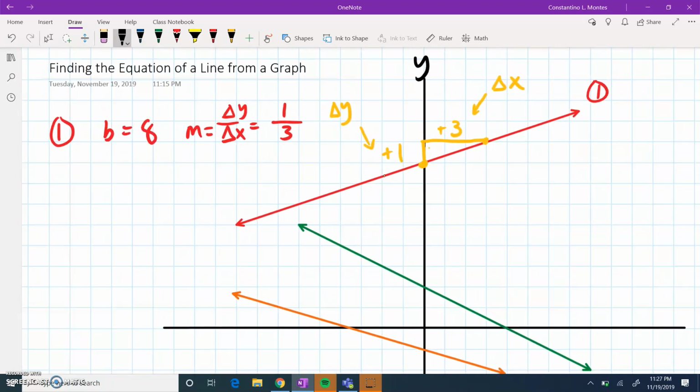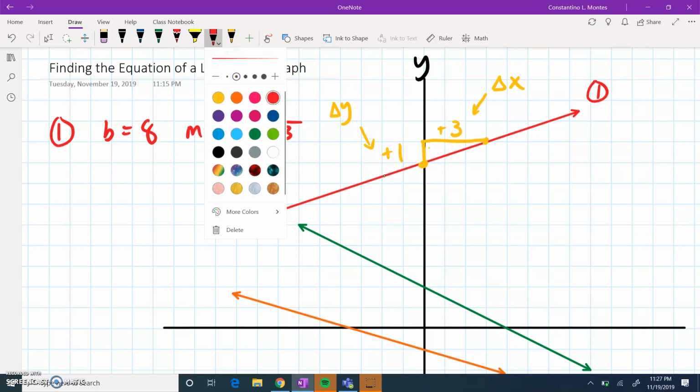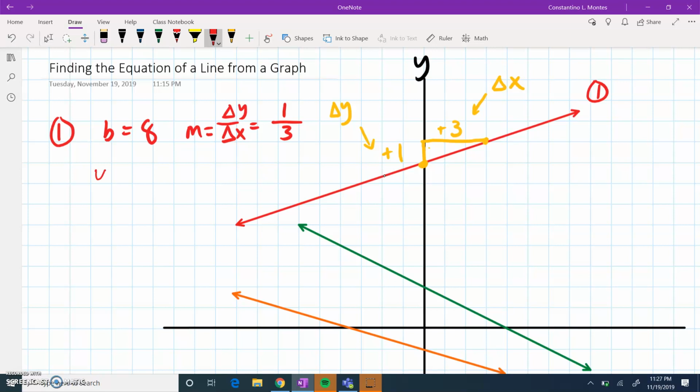I'm just going to fill in the pieces. This is y equals 1/3 x plus 8. This right here is the equation of that red line right there.